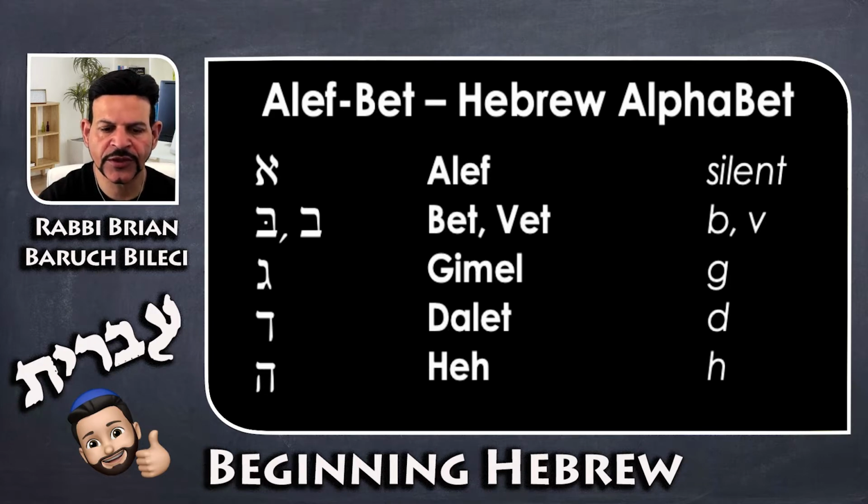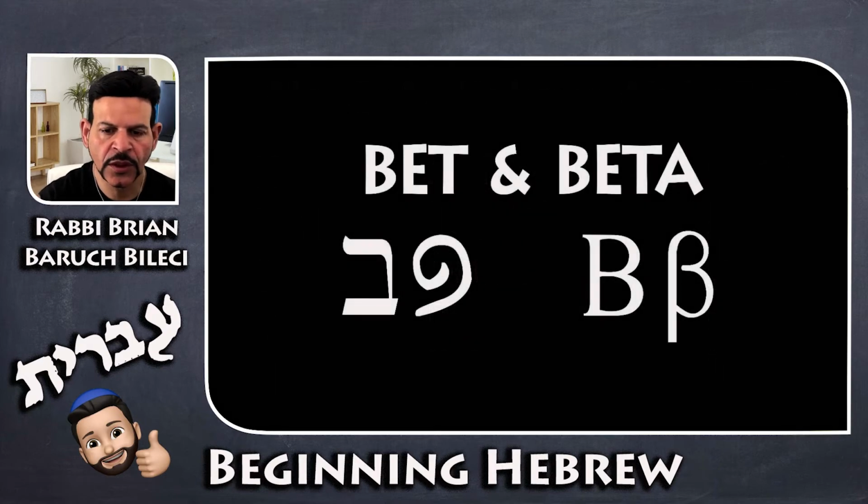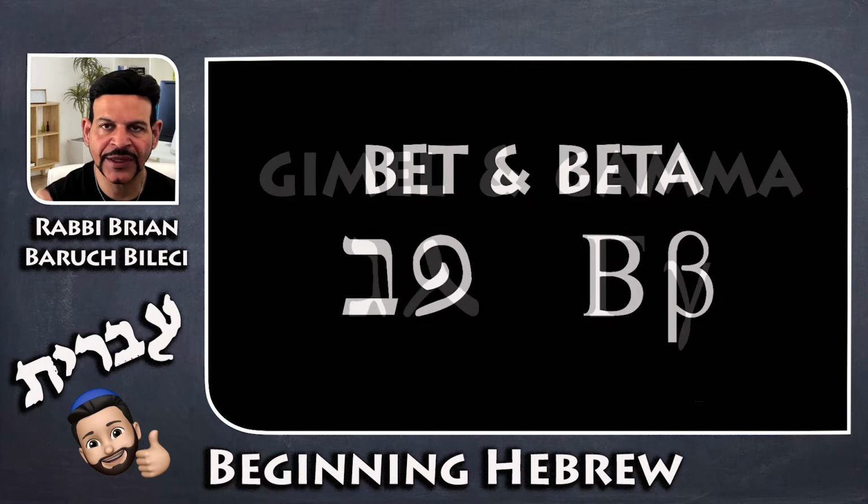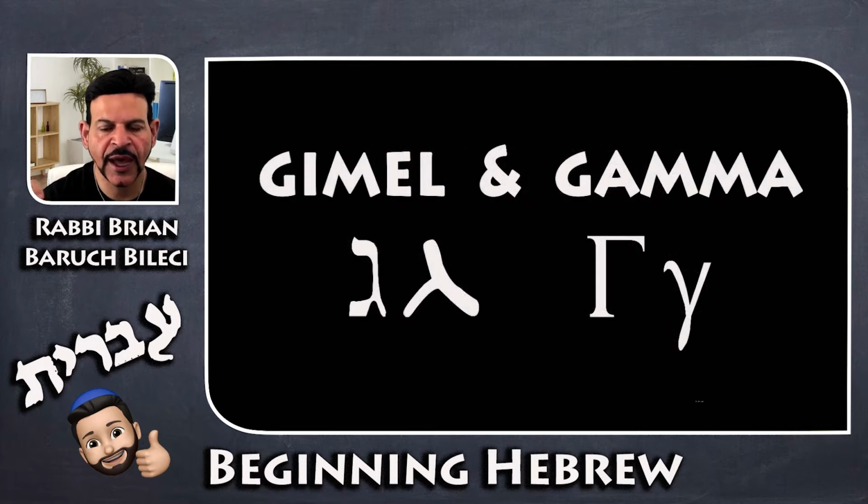So we have that strong dagesh that gives it a strong B sound for Beit, but our beta in Greek is really modern vita. The vowel changes to an E sound, and then the B is a V in modern Greek. And then Gimel, you see the G, gamma.